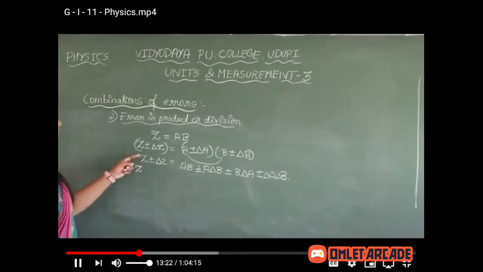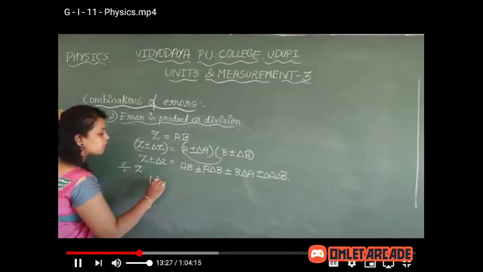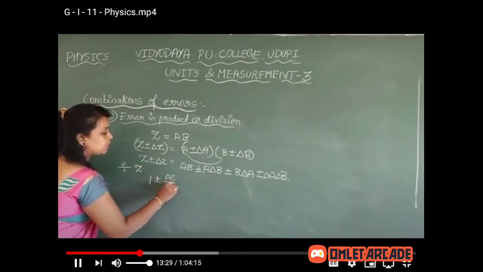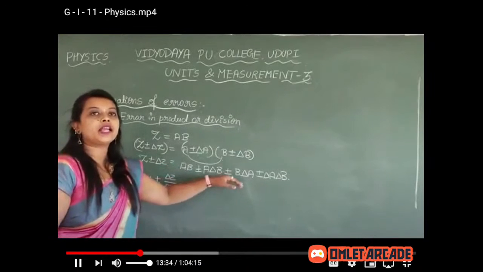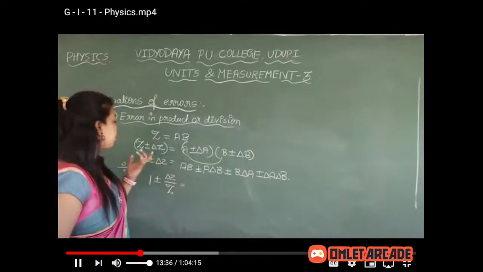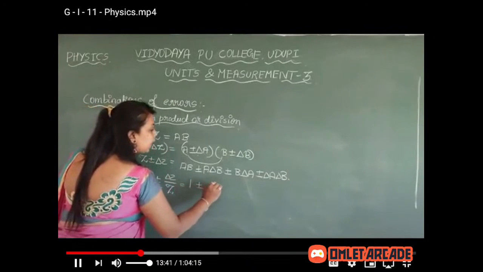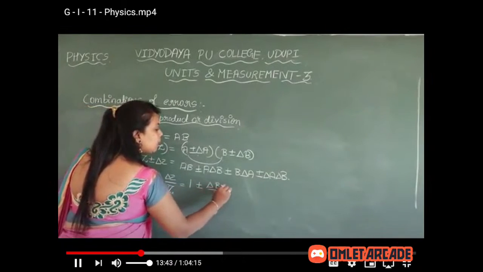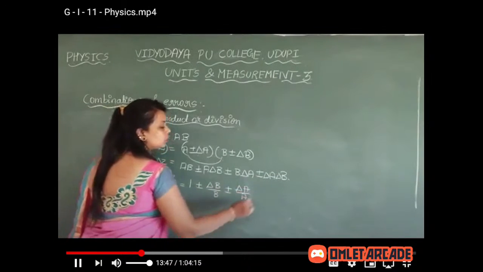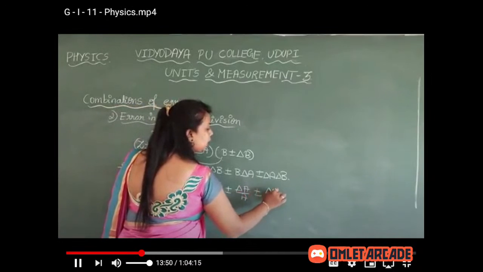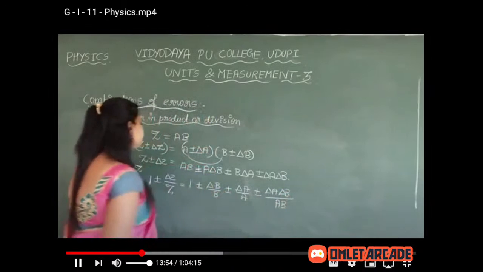If we divide each term by Z on the left hand side, 1 plus or minus delta Z by Z is equal to, on the right hand side I divide by AB because Z is equal to AB only, 1 plus or minus delta B by B plus or minus delta A by A plus or minus delta A into delta B divided by AB.